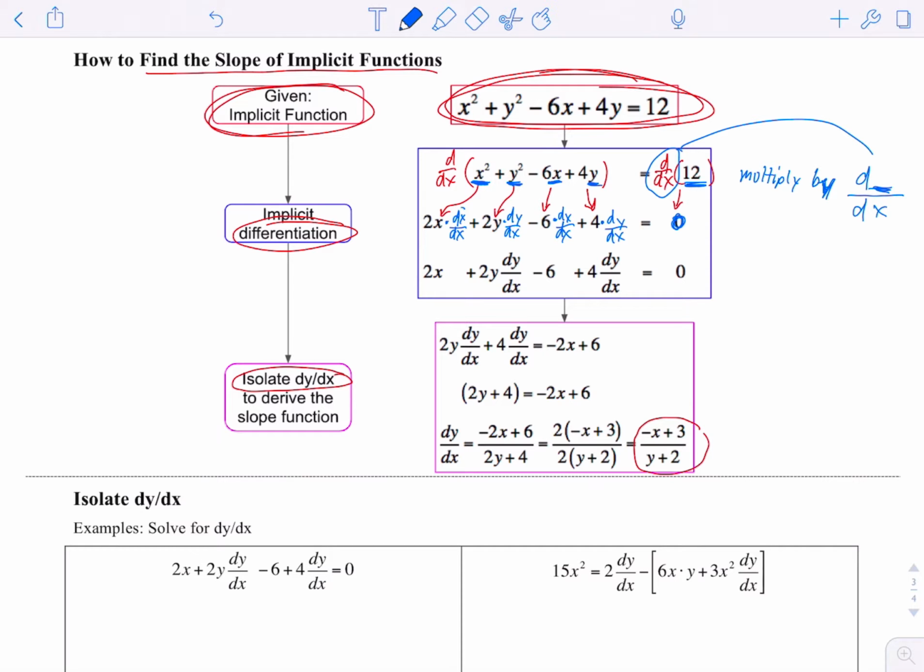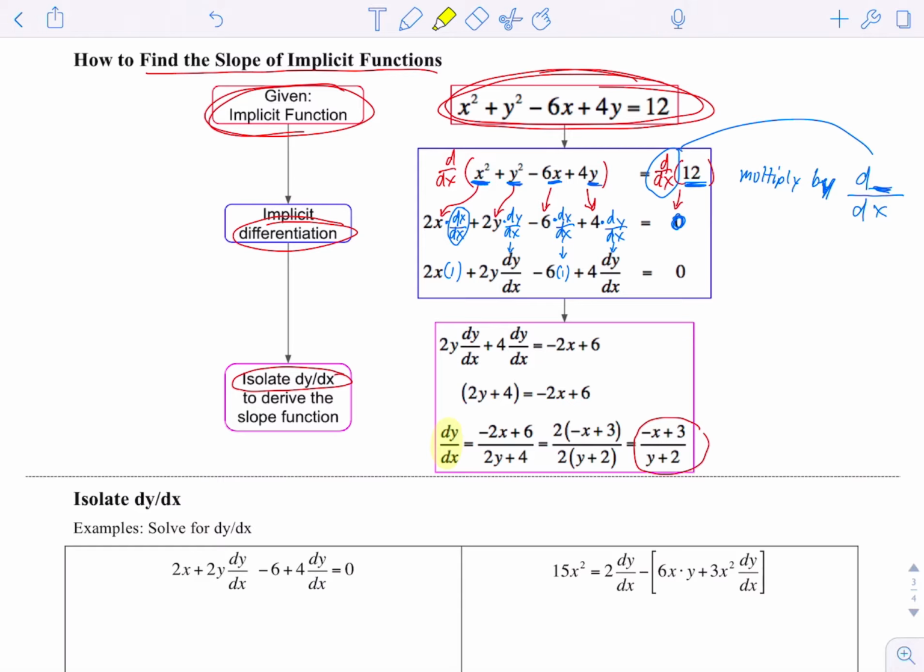Now, next step. What is dx over dx? Isn't that just a 1? So this is just 1, and this is dy dx. So that is the implicit differentiation. The final step is just getting it into this dy dx form.